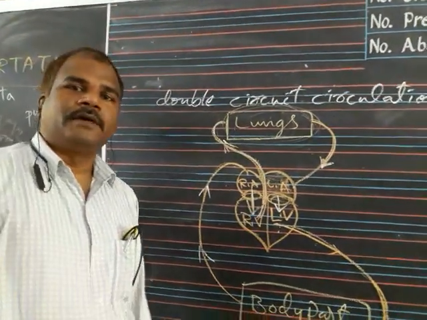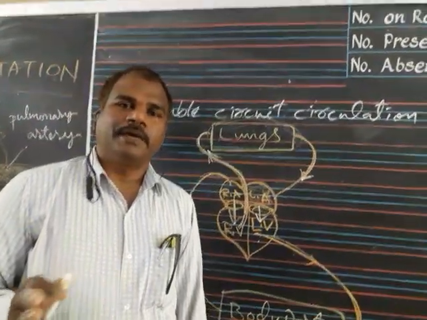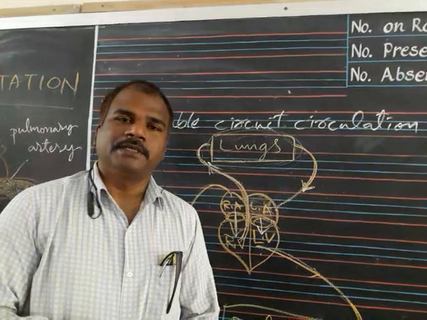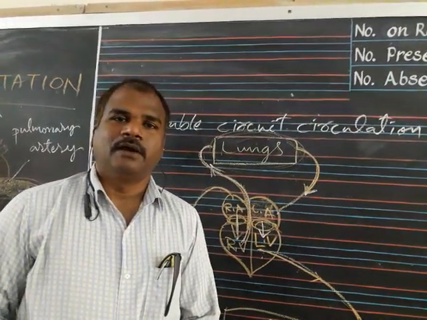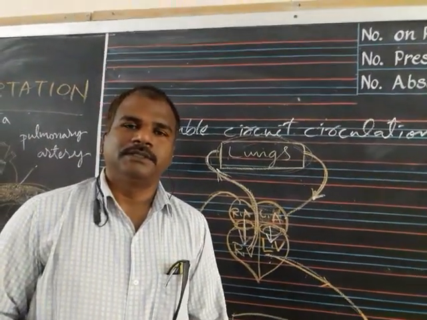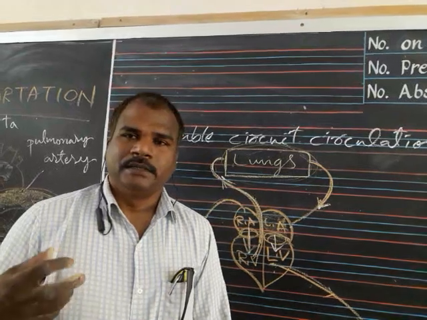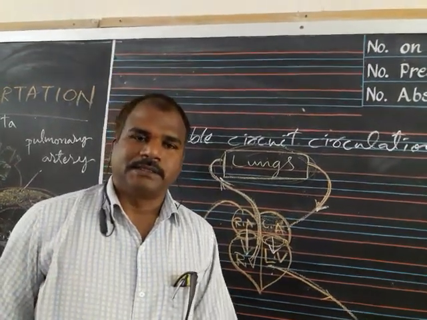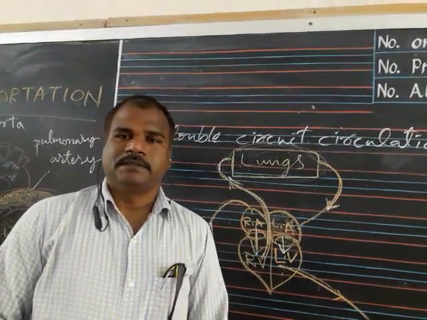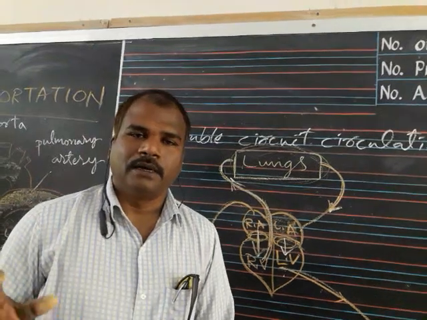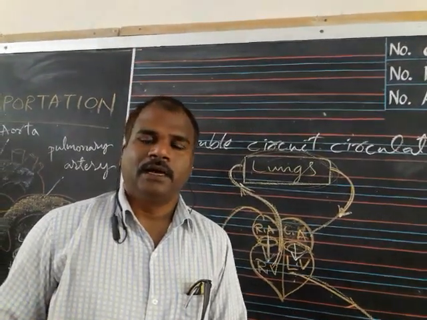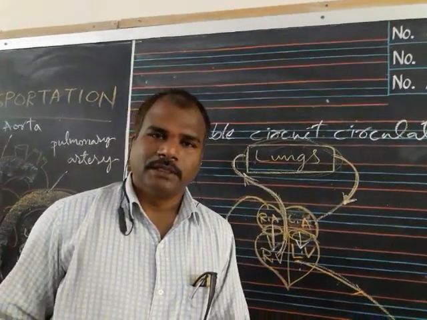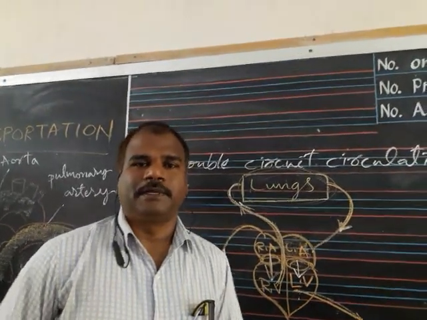In a normal human being, blood pressure is 120 by 80: systolic pressure and diastolic pressure. Contraction is called systolic pressure, and the relaxation phase is called diastolic pressure. Above this is hypertension, below this is low blood pressure.